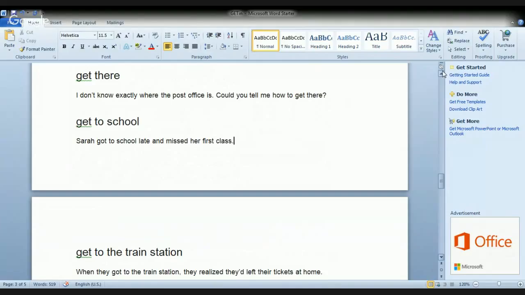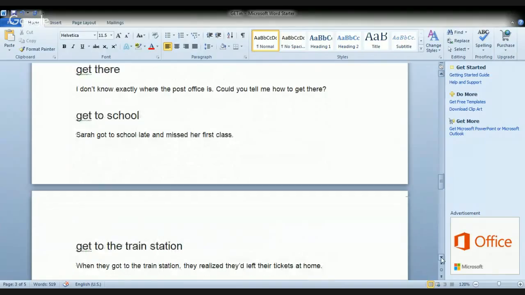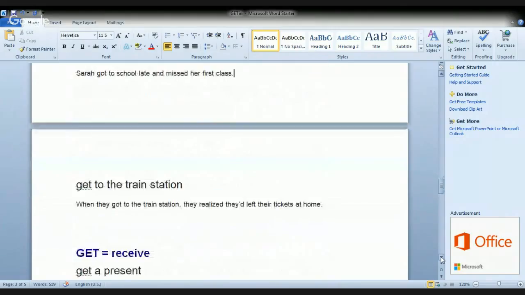So the example for get to school is Sarah got to school late and missed her class, so they were using it in the past simple tense. And now the last one for arrive is get to the train station. So when they got to the train station, they realized they'd left their tickets at home. Okay, so again, we're using get to and the train station because it's a physical place.